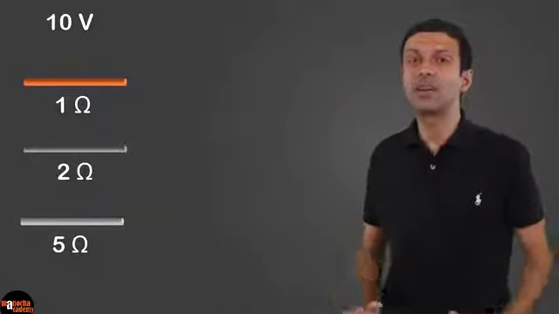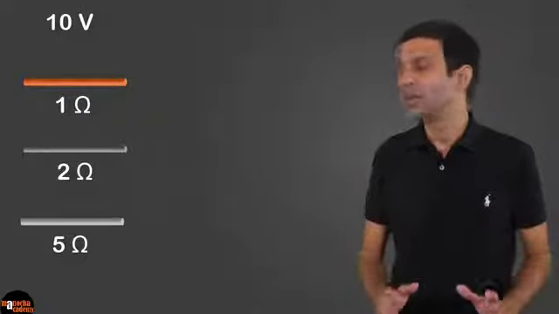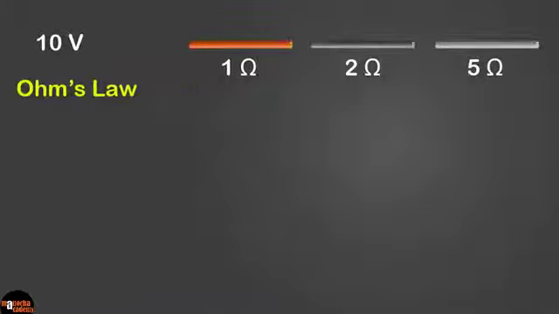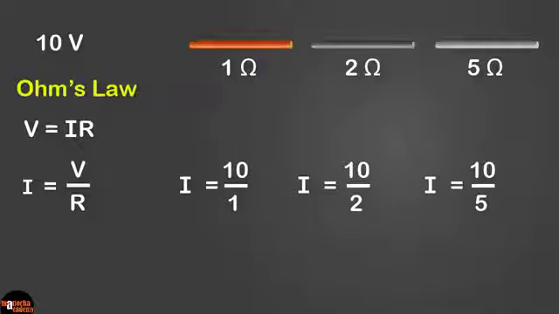Now let's calculate the current in each wire using Ohm's law. Ohm's law formula is V equal to I into R. If we bring current on the left hand side of the equation, we get I equal to V divided by R. Let's substitute the values, and the current in the three wires is going to be 10 ampere, 5 ampere and 2 ampere.